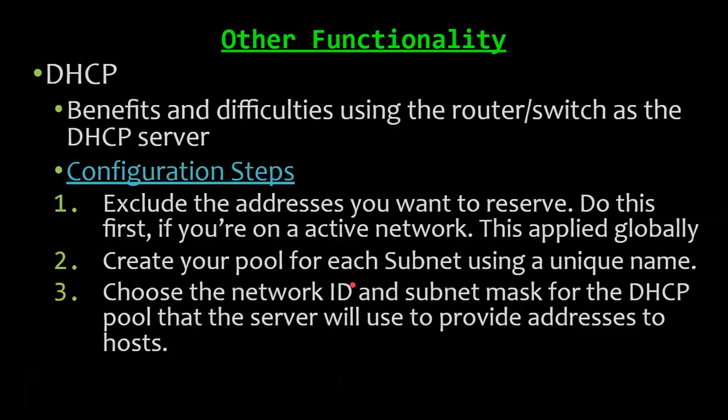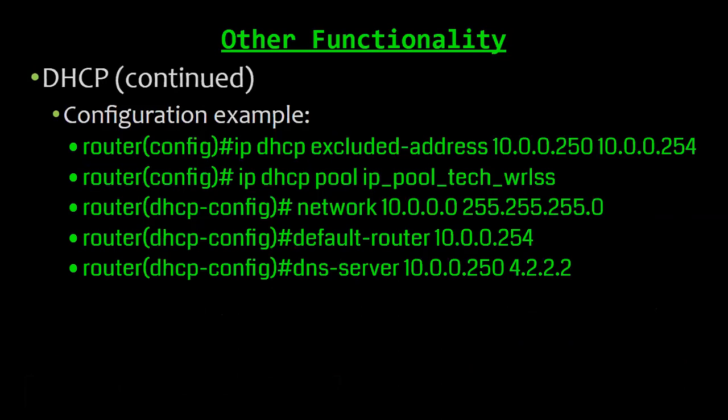So DHCP, we talked about how to configure DHCP, which essentially you set up the excluded addresses first. Those are the addresses that the DHCP server will not hand out. You name a pool. A lot of people just give their pools descriptive names, and something like IP in pool is very popular as a kind of half joke name.